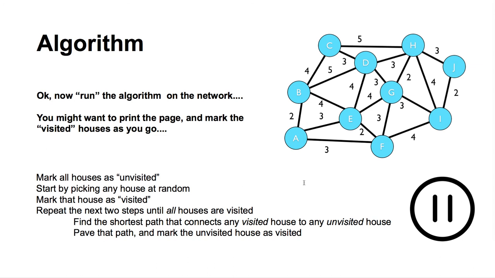Okay, so now what I'd like you to do is essentially run the algorithm on the network. Again, I've made the worksheet available as a PDF, so hopefully you've managed to print this off. But what I want you to do is basically follow these steps, keeping track of houses that have been visited and the available connections between them, and hopefully you'll come up with a network that looks something like the solution that we came up with before.